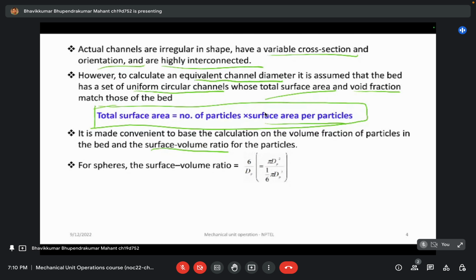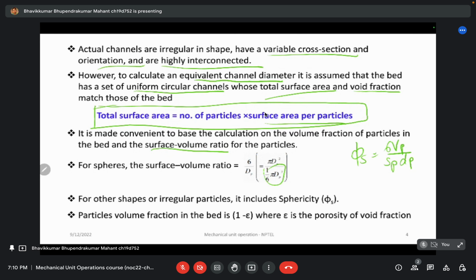Sphericity is another parameter that comes into the picture in this calculation. Always remember phi s is equal to 6 Vp divided by Sp dp. For a sphere, pi dp square is the surface and the volume is pi dp cube by 6, so you get 6 by dp. So 6 by dp times Sp by Vp is nothing but the sphericity. For an irregular particle, we need to convert it into a sphere, so we use the sphericity, which is 6 Vp by Sp dp.